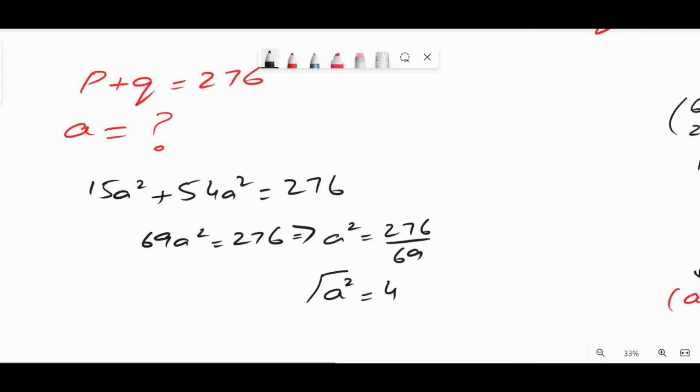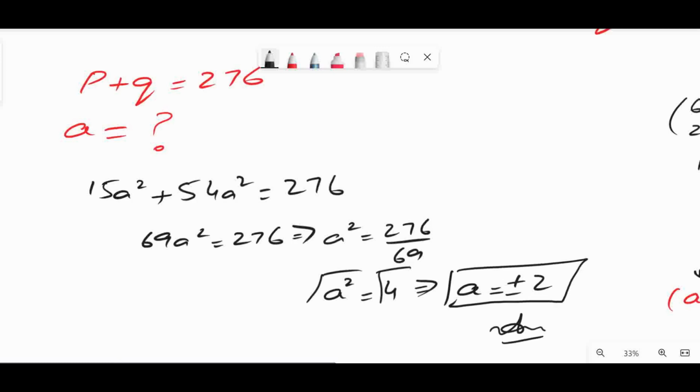By taking the square root on both sides, a equals plus or minus 2.